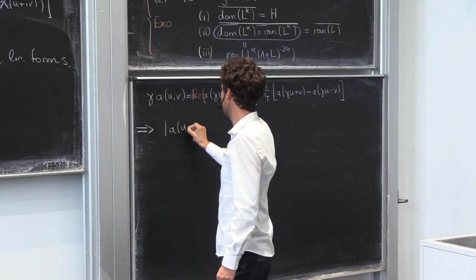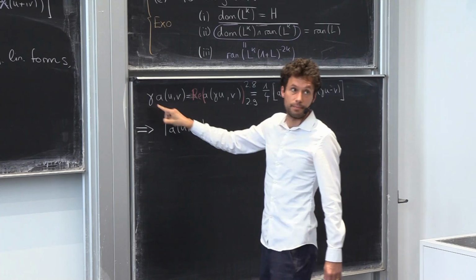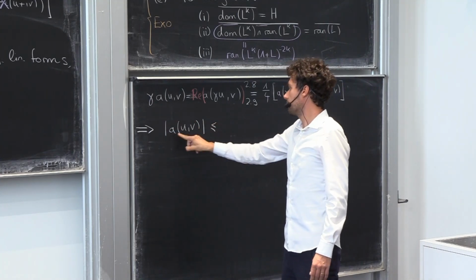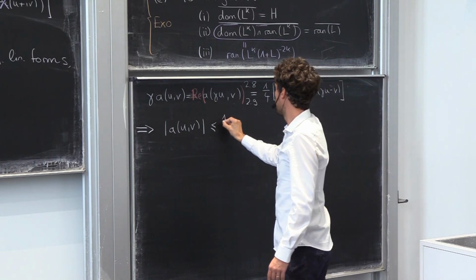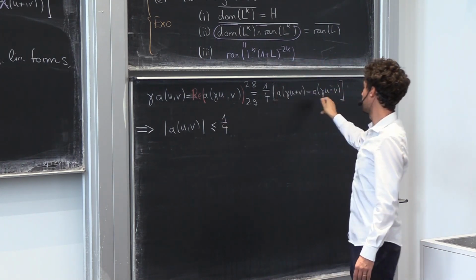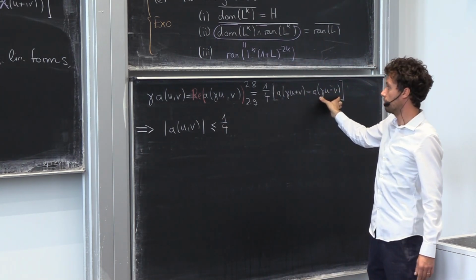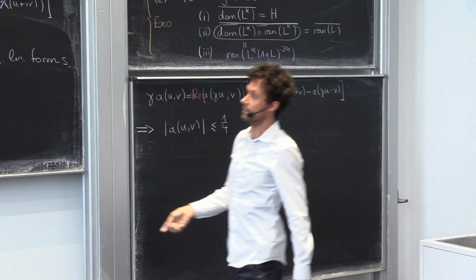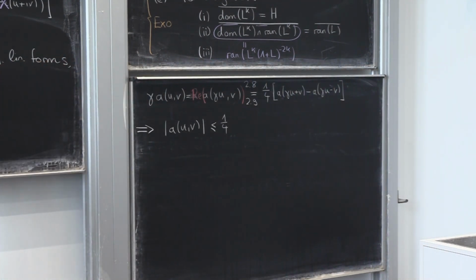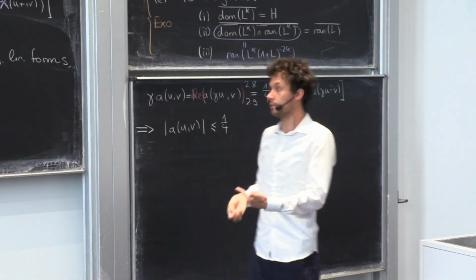If I take absolute value, the gamma doesn't play a role, so I still bound the absolute value of A of uv by a quarter times the sum of the absolute values of this guy and this guy, but by the assumption I can bound this and introduce b to the equation.